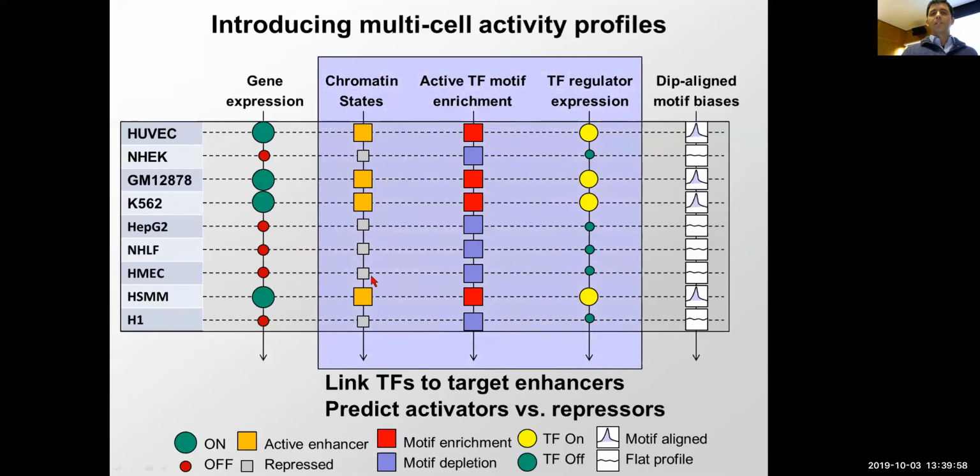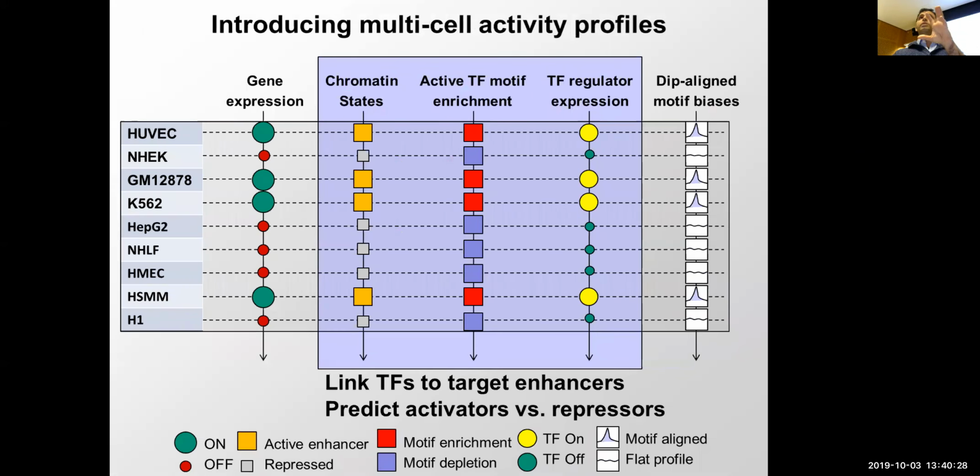So now I'm going to use those three vectors: chromatin state activity, whether the enhancer turns on or off, whether the upstream regulator is plus or minus, and whether the motif is enriched or depleted. Using the three together, I'm going to predict both activators and repressors, and also link the regulators to their target enhancers. Okay? Who's with me so far?